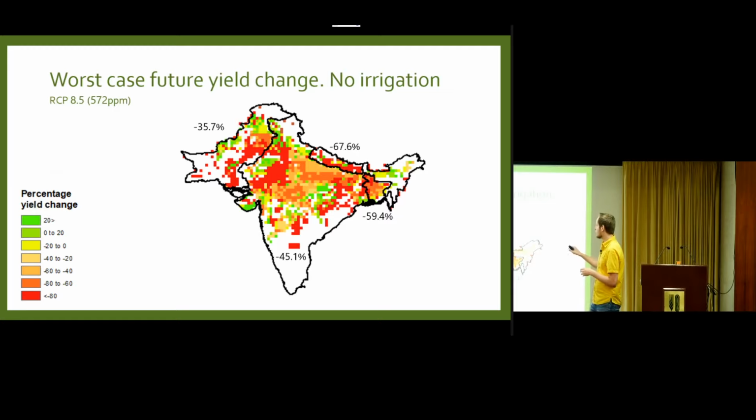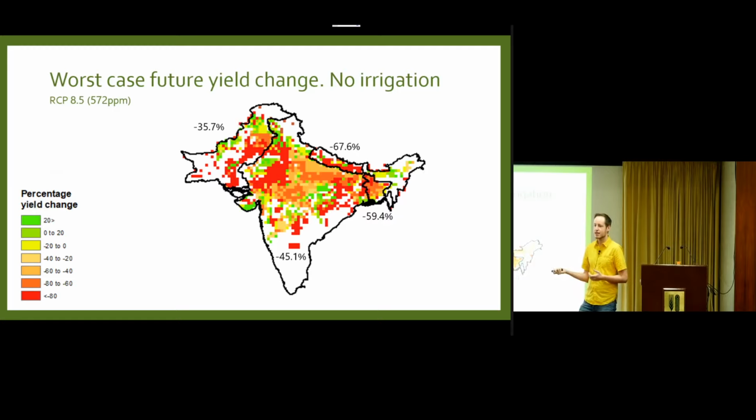So there are a few very red areas here, and these are areas where there is irrigated production in the baseline, but no rain-fed production. So when you compare irrigated production in the baseline with just rain-fed production in the future, you have nothing, there is no production. So you have a 100% decline in yield. And then there are some green patches that show up, and this is the other way around.